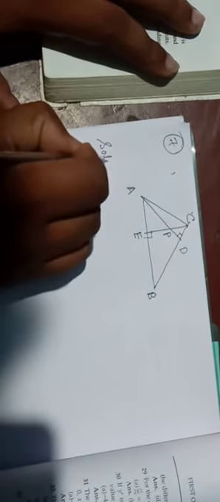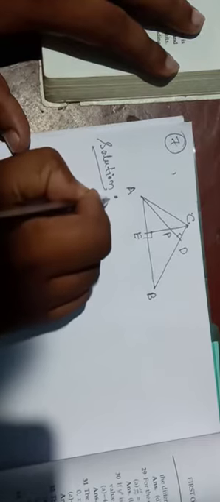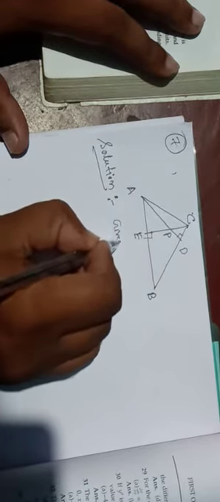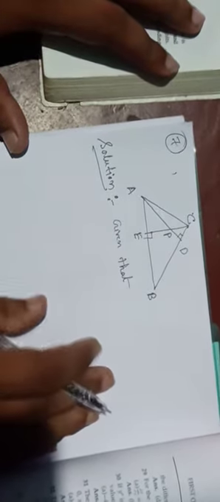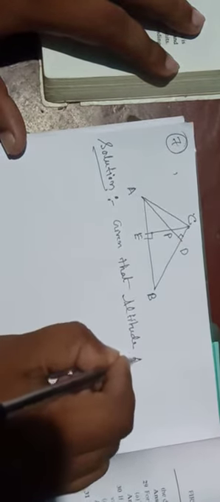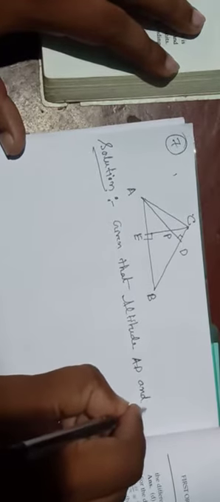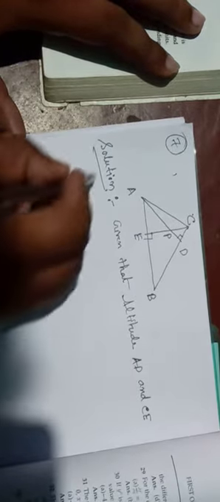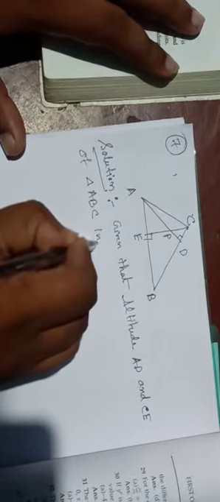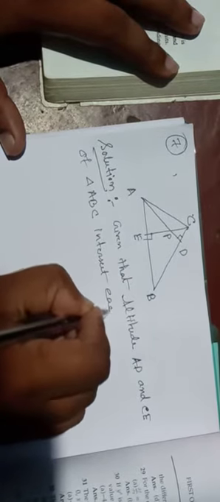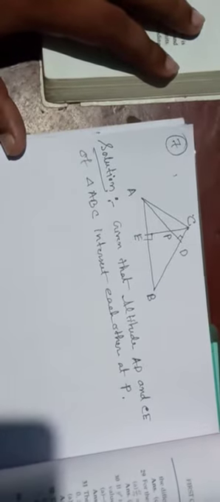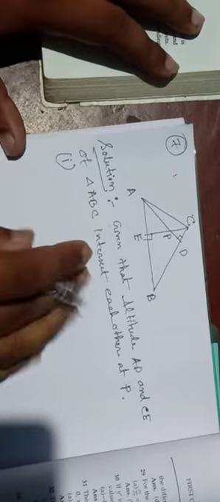Here comes the solution. It is given that altitudes AD and CE of triangle ABC intersect each other at P. So here comes one.